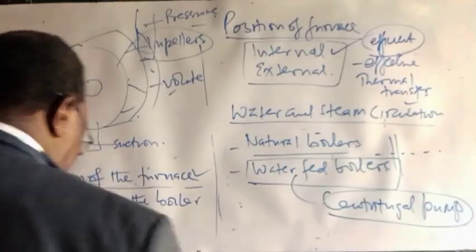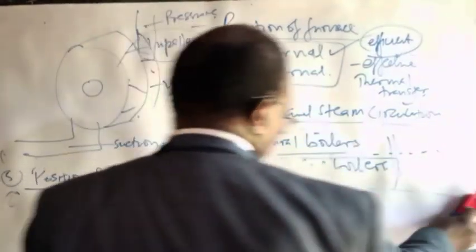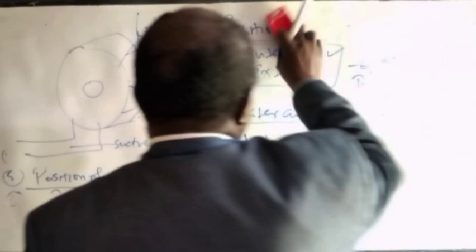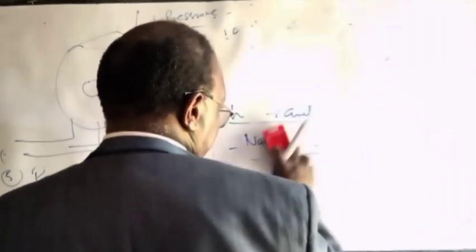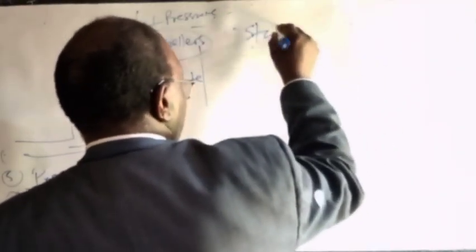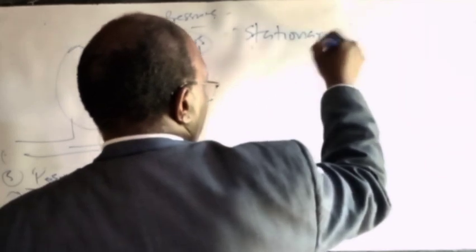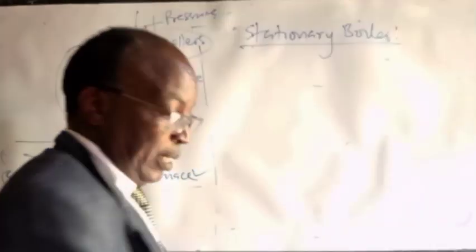Now we want to talk about the purpose of the boiler. The purpose of the boiler is important in the sense that it will tell you what kind of boiler you want to deal with. Do you want to deal with a stationary boiler? What's a stationary boiler?